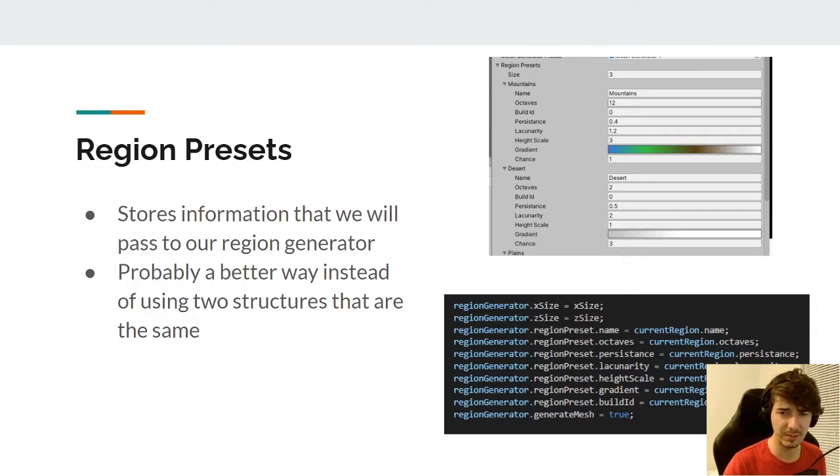There's probably a smarter way of doing that, like using a dedicated class to store that information and then passing it over, using a single equal sign instead of the big mess that we have here.